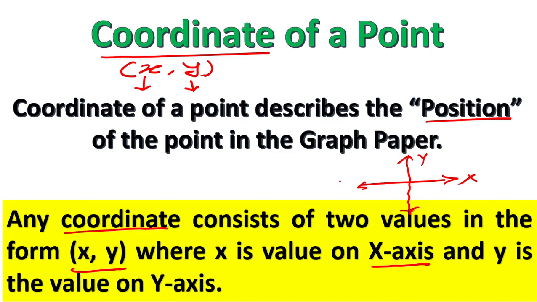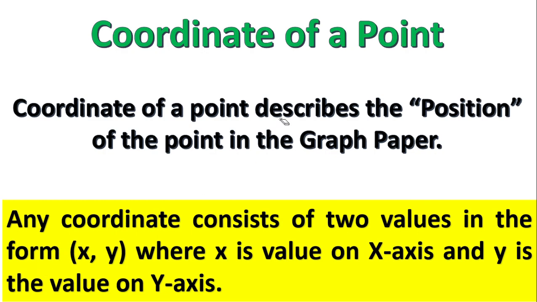Before also I told you the x-axis is the horizontal line and the y-axis is the vertical line. Okay, so everyone please make a note that whenever you talk about a point, it is every time an ordered pair which is used to describe the location or position of the point.